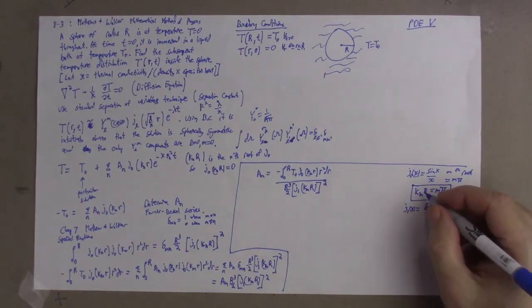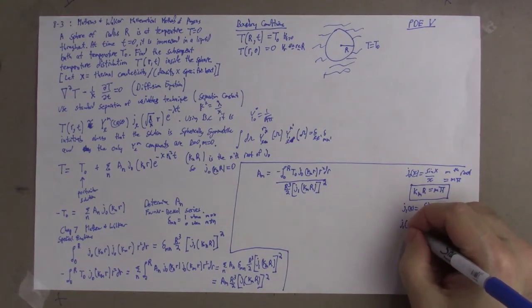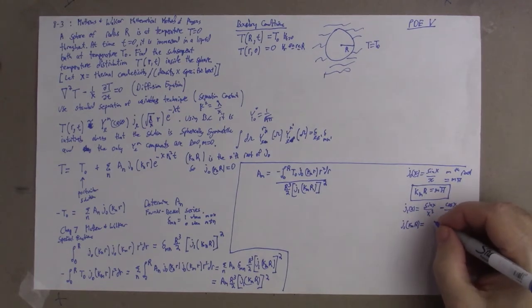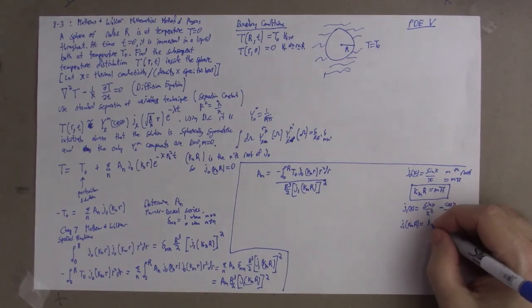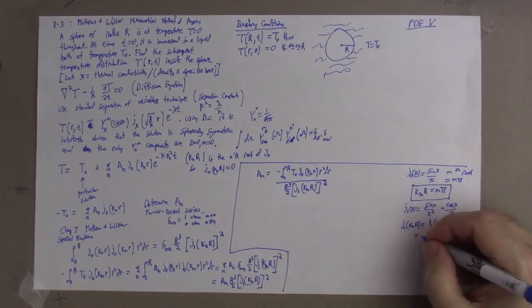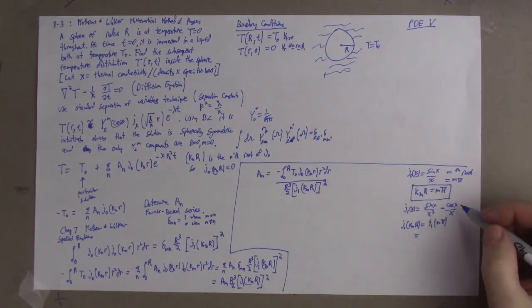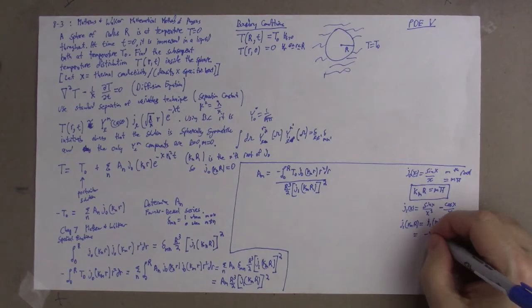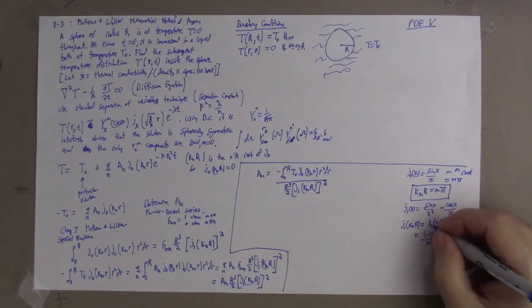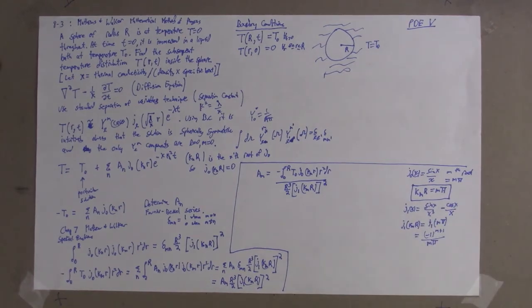If I substitute kmR here, I get J1 kmR is equal to J1 m pi, and this is equal to, sine of m pi is 0 and the cosine of m pi is negative 1 to the m. We have another minus sign, so this is equal to negative 1 to the m plus 1 divided by m pi, since x is m pi. So that sort of helps us evaluate the denominator now.